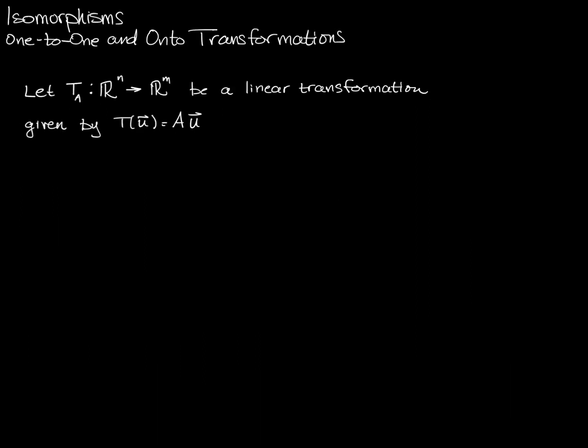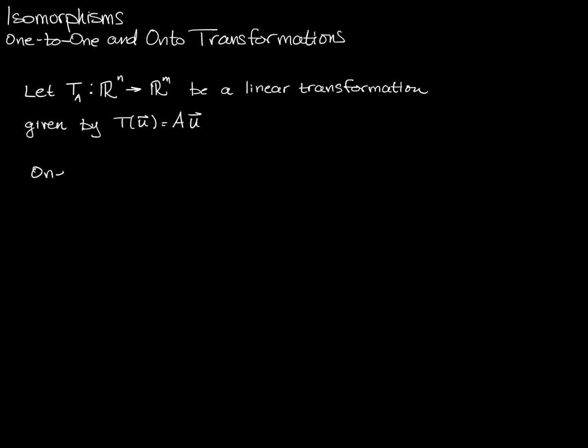If we have a transformation like the ones we've just been playing with, and I've labeled this, as your book has done, T sub A, to suggest that the transformation is one where the operation on the vector is by left multiplication of a matrix, and that the matrix A is really going to be key to what we're going to talk about next.